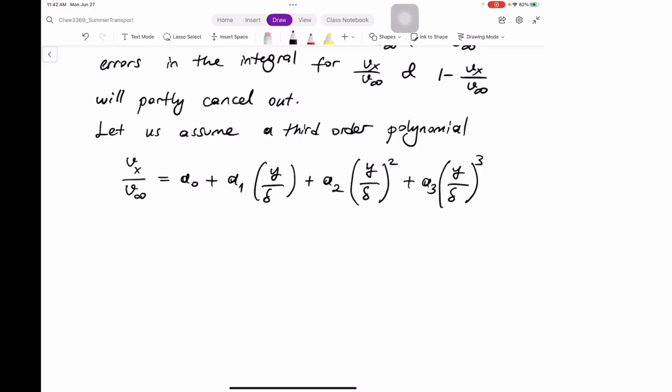The reason I actually assumed a third order polynomial instead of fourth or fifth or sixth order polynomial is because I wanted to have 4 coefficients, 4 unknowns. Why do I want 4 unknowns? Because I will have 4 boundary conditions, as we will show below.